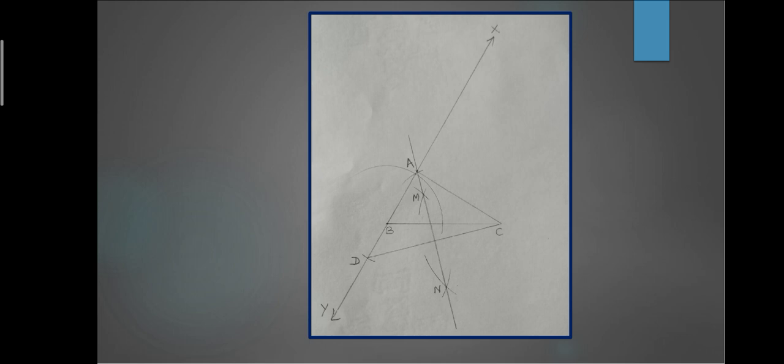But AD minus AB is 2 centimeters. Hence we can say AC minus AB is also 2 centimeters. But this was the given value, AC minus AB is 2 centimeters. So ABC is our required triangle.